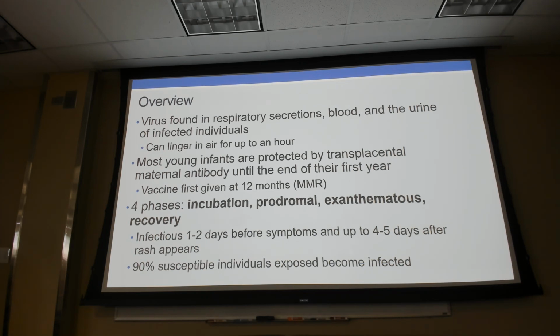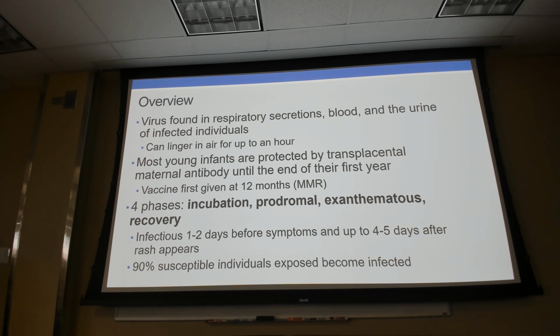So this is one that we particularly like and capitalize on, and this is one of the reasons why the MMR vaccine was set for the 12-month visit, because at the 12-month mark is about when you start seeing those antibodies wane enough that they don't have protection any longer. So if that helps remember it at all, it's the year mark when they get vaccinated.